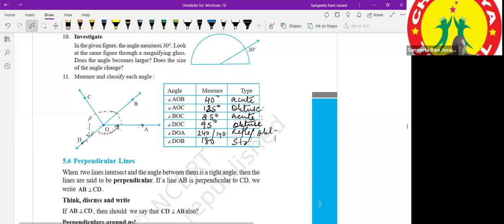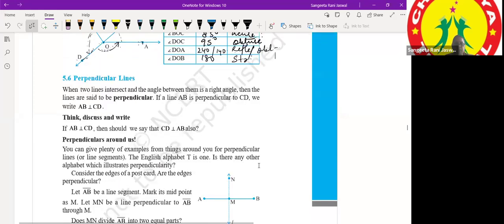Okay. So next you have the perpendicular lines. For perpendicular we have this symbol. This is the perpendicular symbol. Perpendicular means when two lines intersect at right angle. There are many ways that the lines can intersect each other, like this, like this, like this.